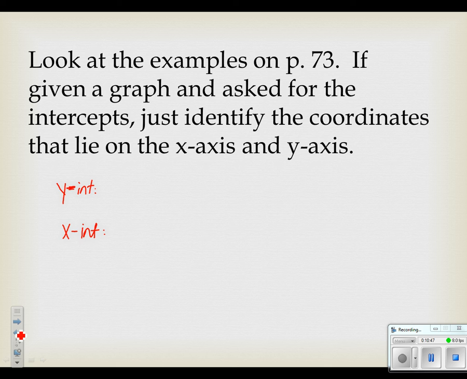Looking at that graph, where does that parabola cross the y-axis? Okay, hopefully everybody sees that it's there at the origin. X-intercepts, there's 2 of them. Identify the coordinates where it's crossing the x-axis. It also crosses the x-axis at the origin, as well as at the point, what is that, -5, 0? So there are 2 x-intercepts.